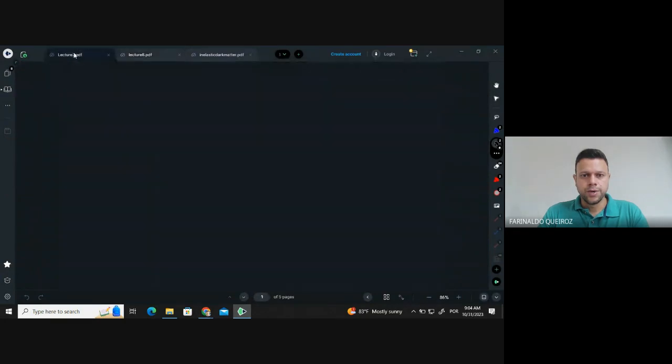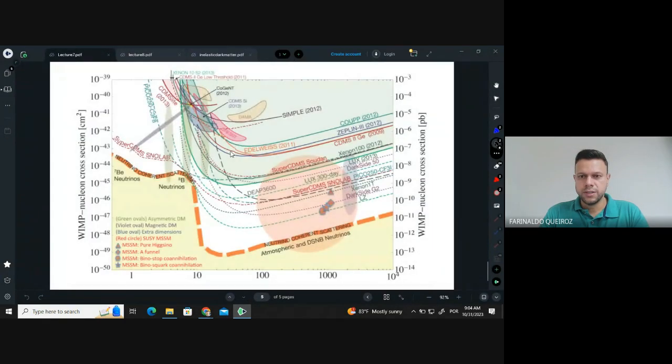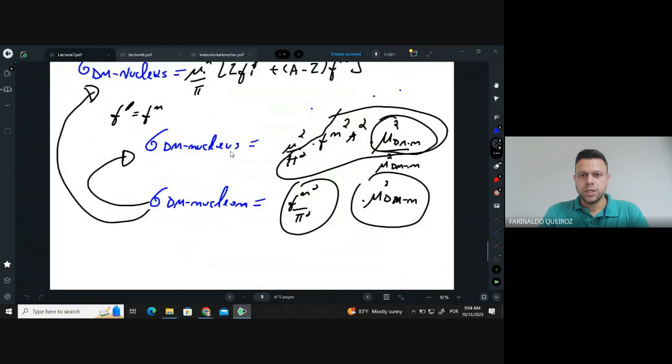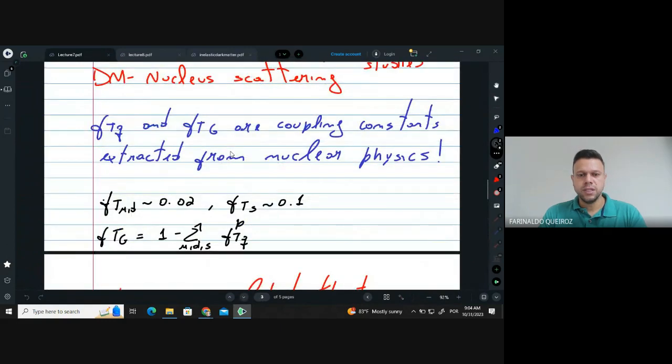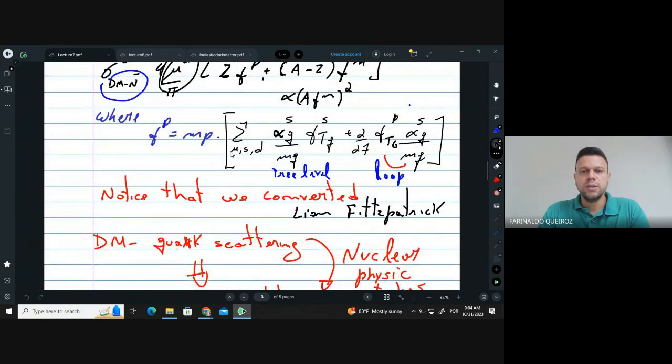So we were here in the last lecture. Just to recap, we derived the formula for dark matter nucleus scattering and showed how you can connect the dark matter nucleus scattering to the dark matter nucleon scattering.